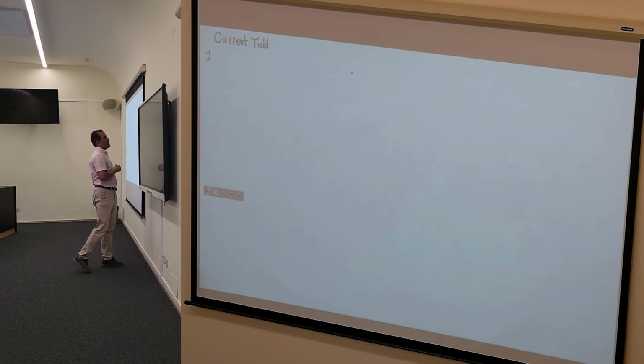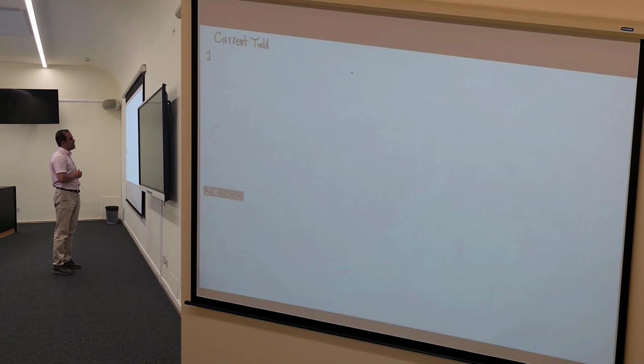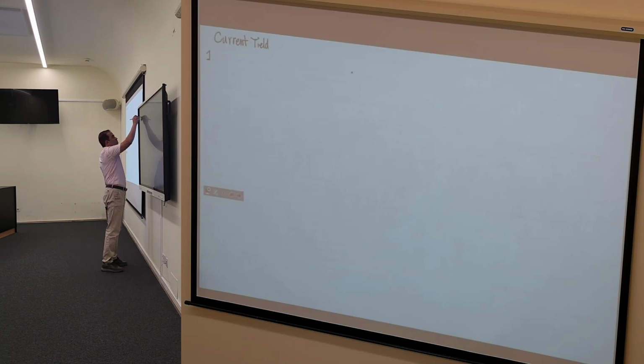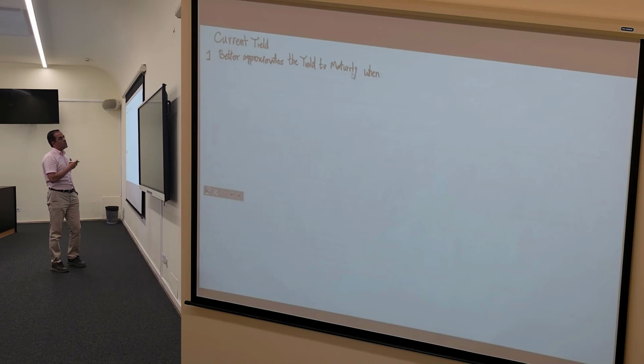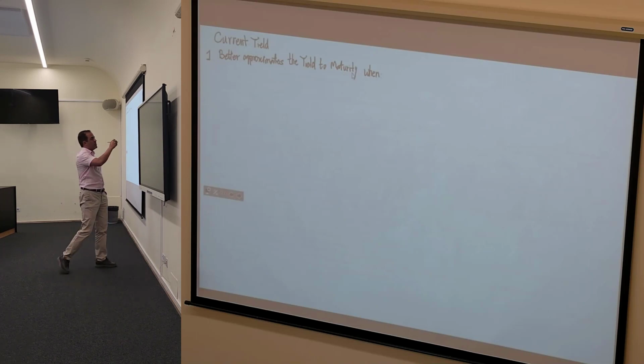So the general characteristics of the current yield is that the current yield better approximates the yield to maturity when the bond's price is nearer to the bond's par value.